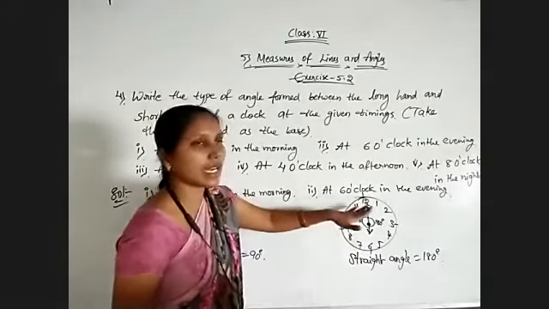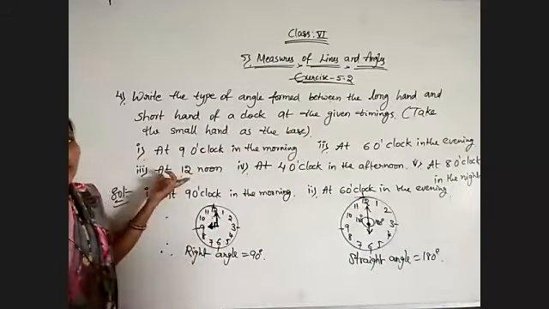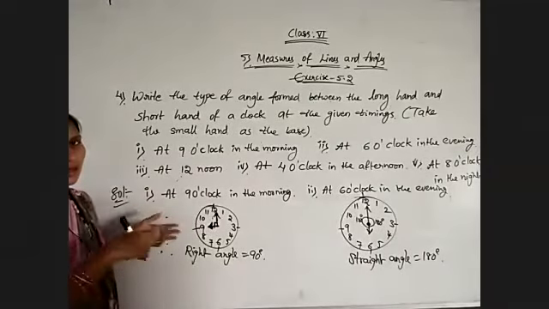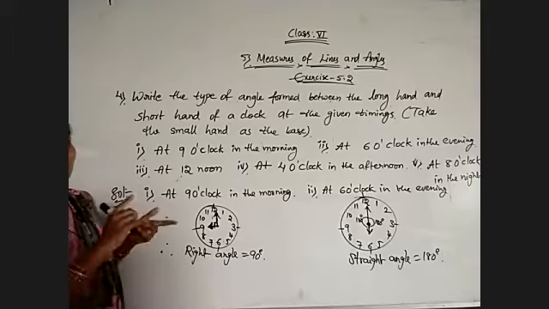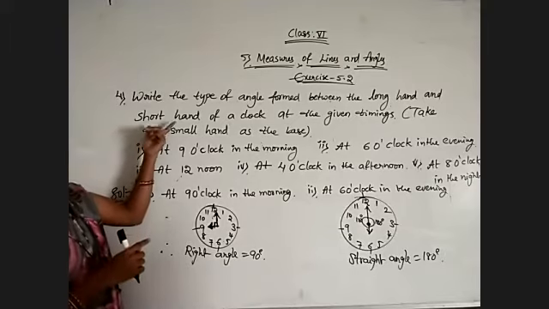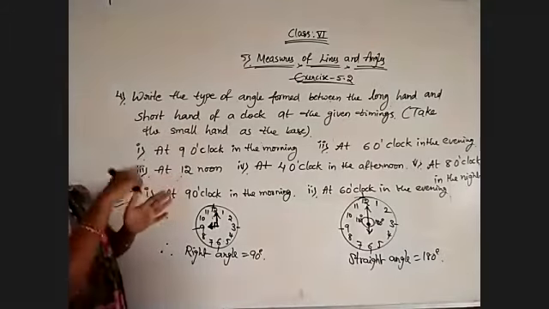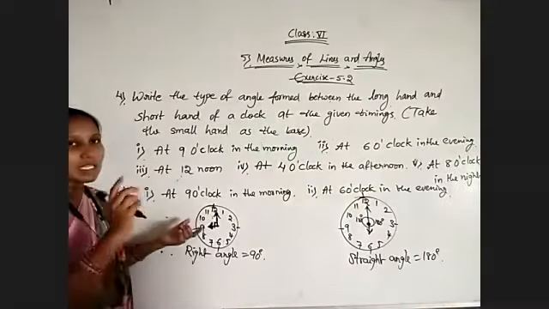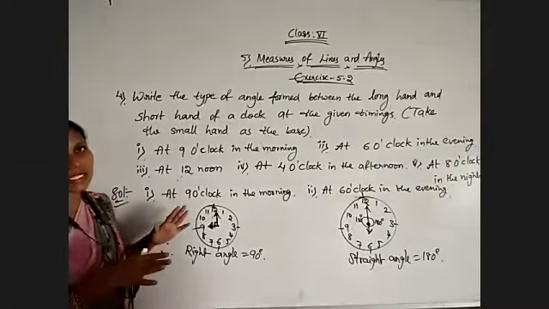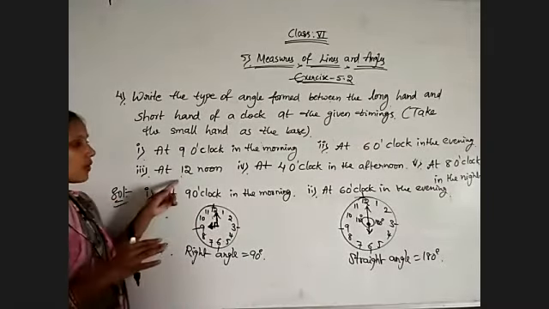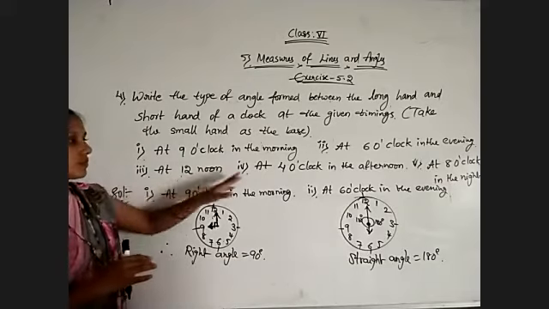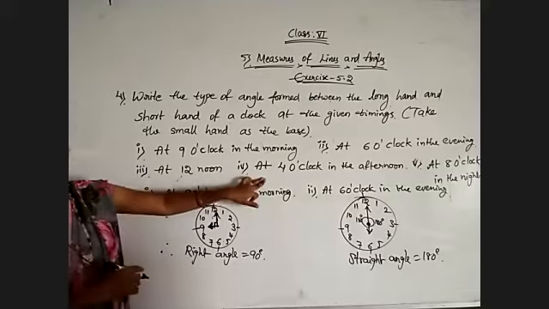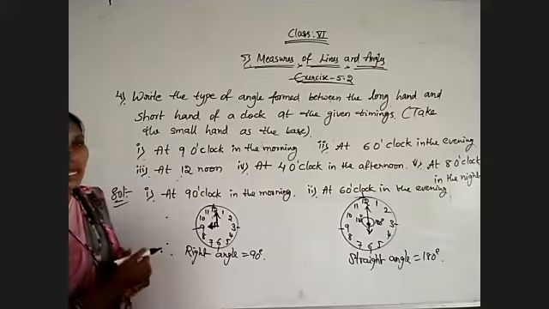And at 12 noon, both the small hand and the long hand of the clock will lie at the same place. That means there is no angle between both the hands of the clock. So at 12 noon we will get zero angle. 4 o'clock and 8 o'clock, draw the time, then you will understand.